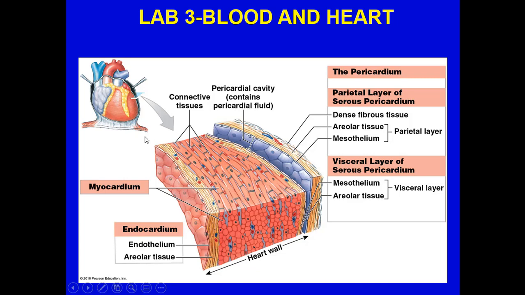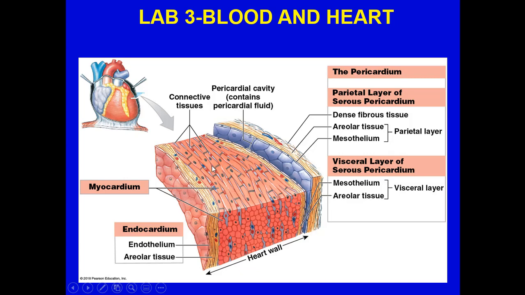And here you see this, okay? So you have the pericardium. You have the parietal layer here, which consists of dense fibrous tissue, areolar tissue, the mesothelium. The visceral layer here is composed of a mesothelium and areolar tissue.